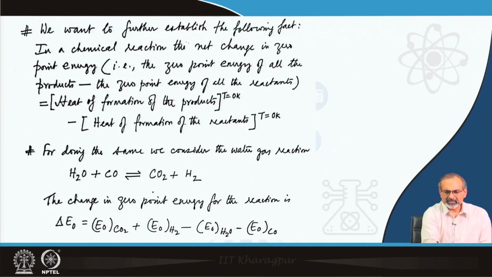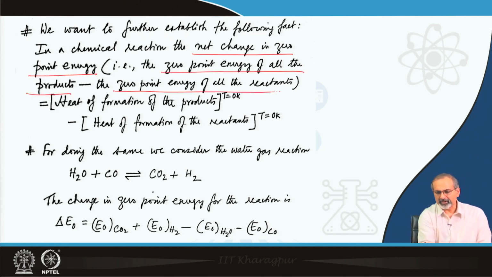We want to further establish another fact, that in a chemical reaction the net change in 0 point energy, which is the 0 point energy of all products minus 0 point energy of all reactants, can be equated with the heat of formation of the products subtracted from heat of formation of the reactants.